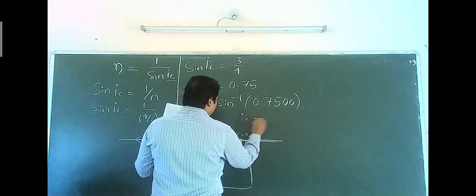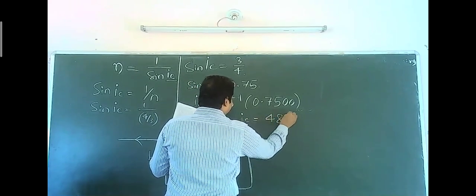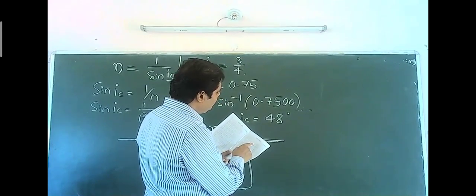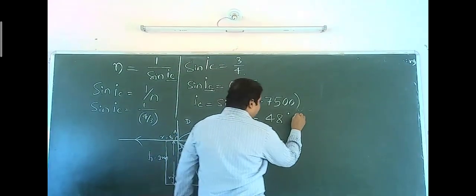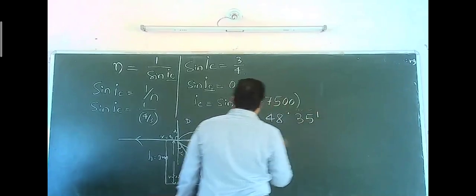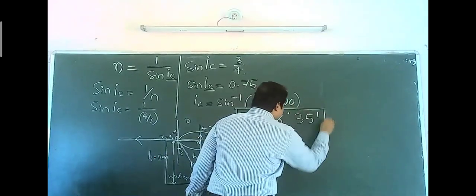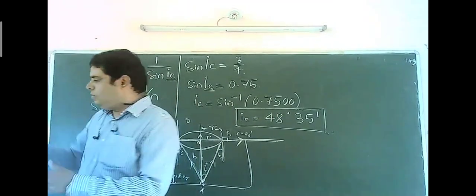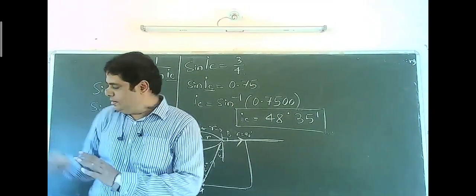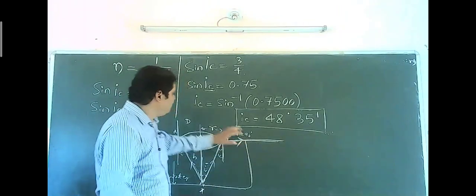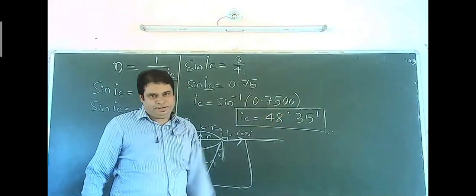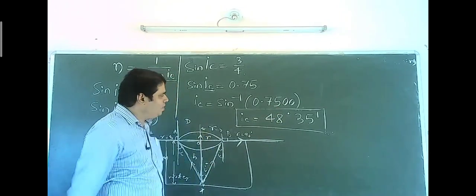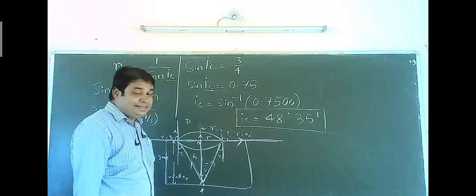So IC is equal to 48 degrees 35 minutes. This is the value of IC. The value of IC is 48 degrees 35 minutes. First part is good.